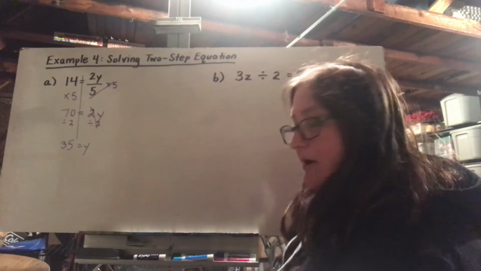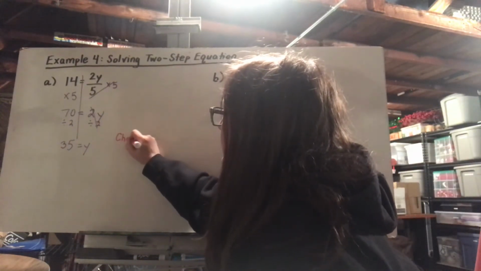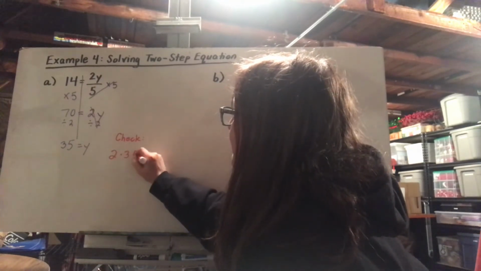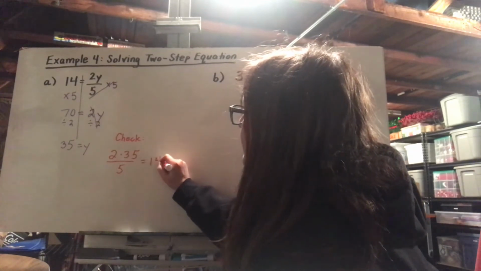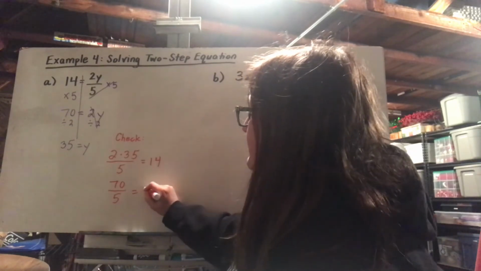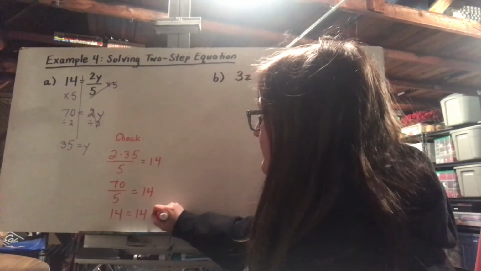Okay? So now I'm going to check my answer. In order to check my answer, I'm going to plug 35 in for y. So 2 times 35 is 70. 70 divided by 5 is 14. So both sides have an answer of 14. It checks out.